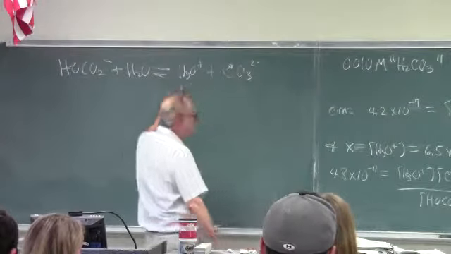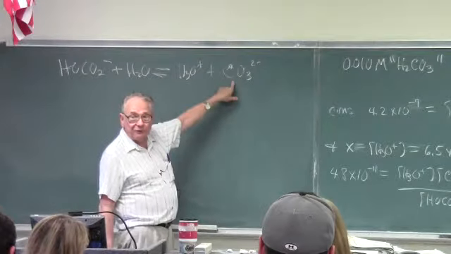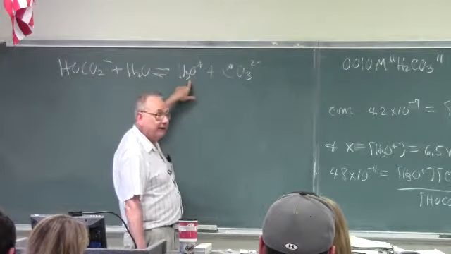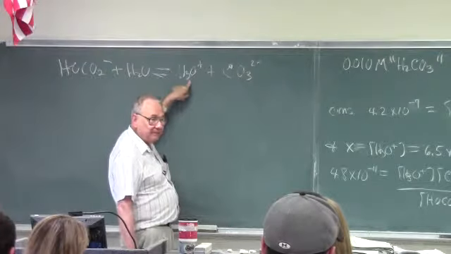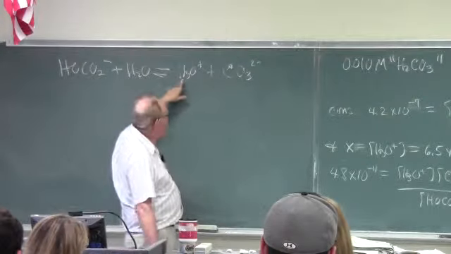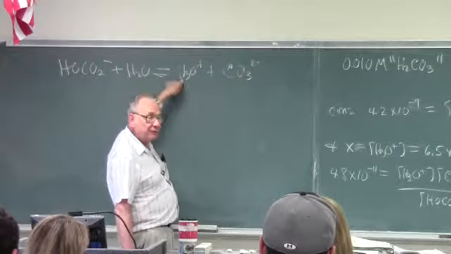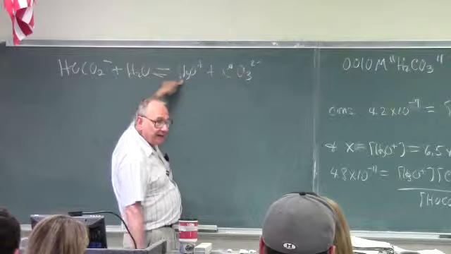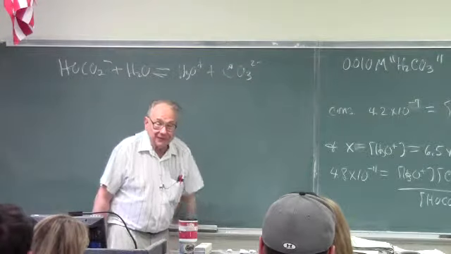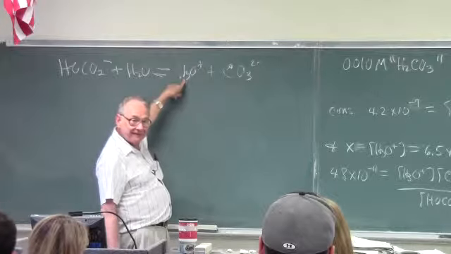Because this tells you, for every mole of carbonate this reaction produces, it also produces a mole of hydronium ion, doesn't it? If this reaction produces X moles of carbonate, it produces X moles of this. And then the hydronium ion molarity for the solution would be what? It'd be 6.5 times 10 to the minus 5 added to what you get from this step, right?